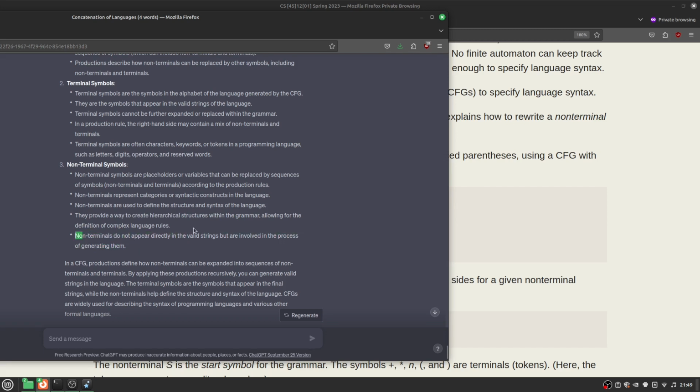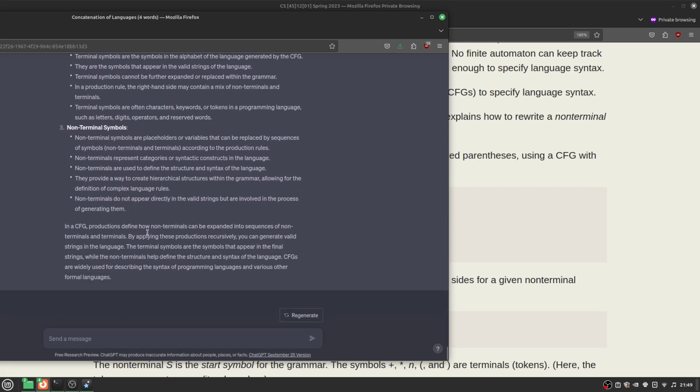Non-terminals do not appear directly in the valid strings, but are involved in the process of generating them. Productions define how non-terminals can be expanded into sequences of non-terminals and terminals. By applying these productions recursively, you can generate valid strings in the language. Makes sense? The terminal symbols are the symbols that appear in the final strings, while the non-terminals help define the structure and syntax of the language.